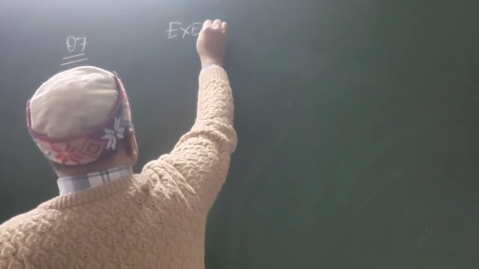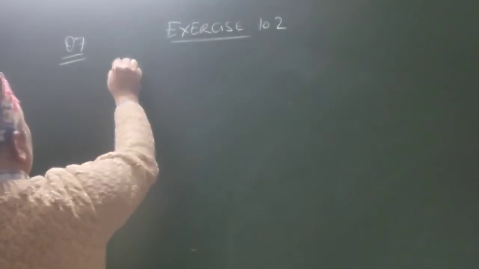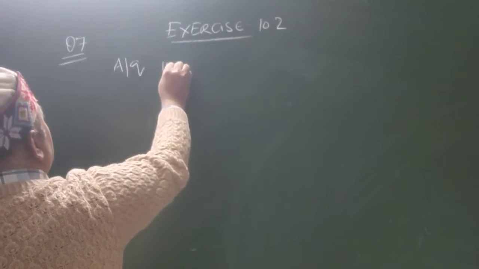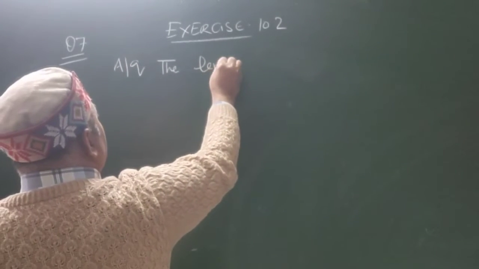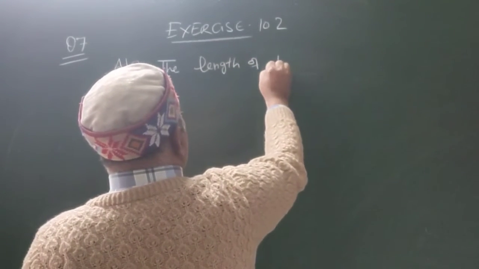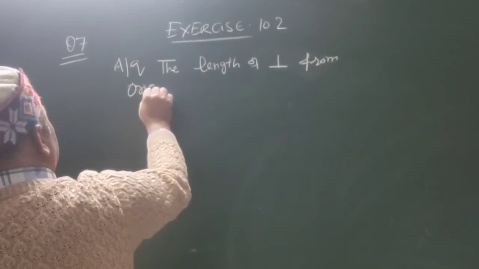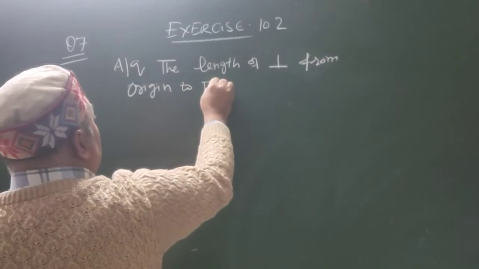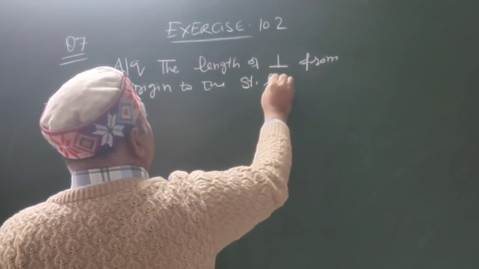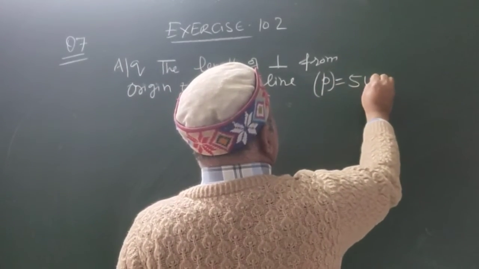Question number 7, exercise 10.2. According to the question, the length of perpendicular from origin to the straight line, p, is equal to 5 units.